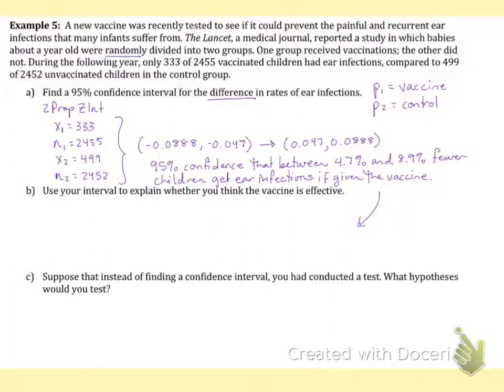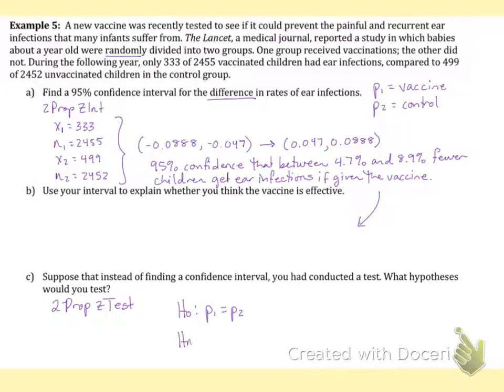Part C, it says, suppose that instead of finding a confidence interval, you had conducted a test, what hypotheses would you have tested? So if we had done a 2 proportion z test instead, then the hypotheses would have been, remember the null hypothesis is always that the proportions are the same.